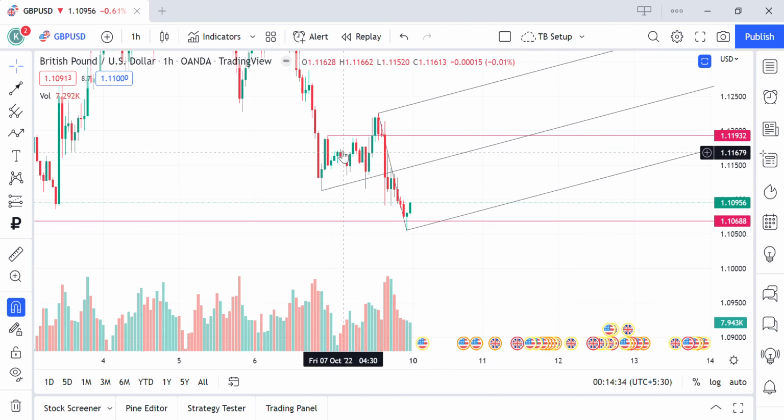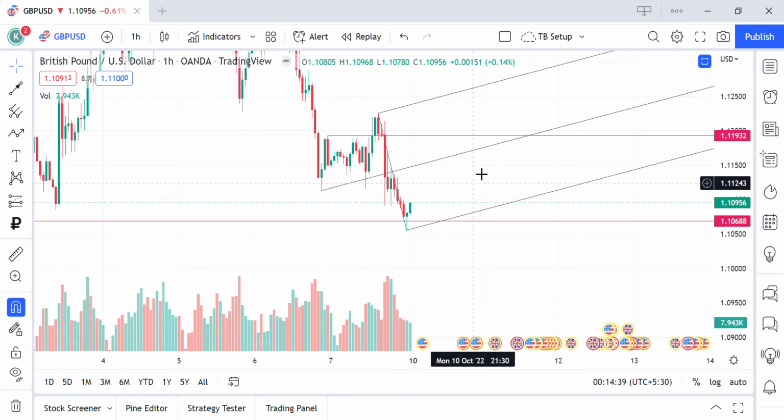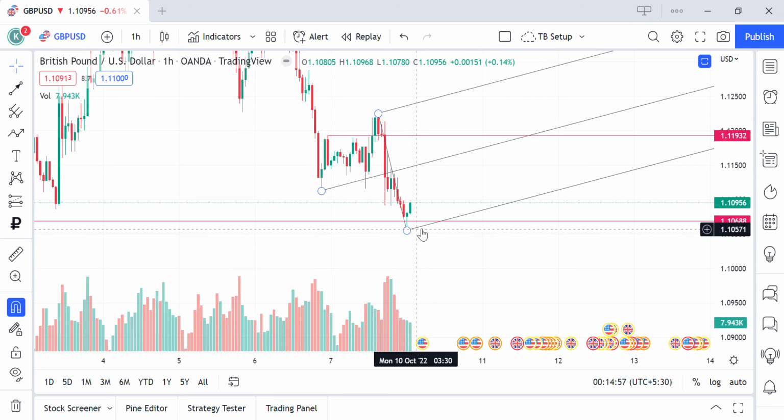However, looking at the manipulation done at this level, we assume that price will at least reach this level, that is 1.11932. So the best call for this trade in the next few days or next few hourly candles is going long at this level, maybe at the very entrance of this candle or at the edge of this candle.